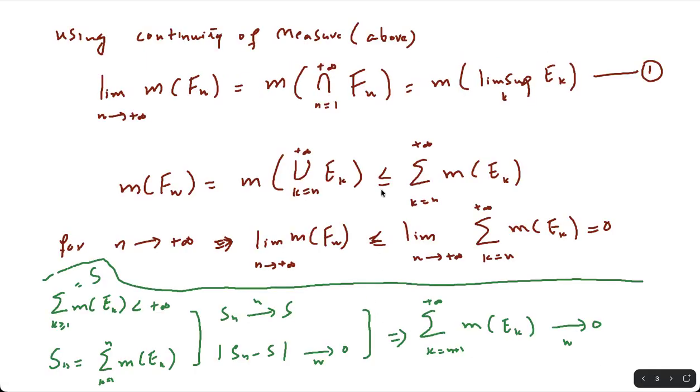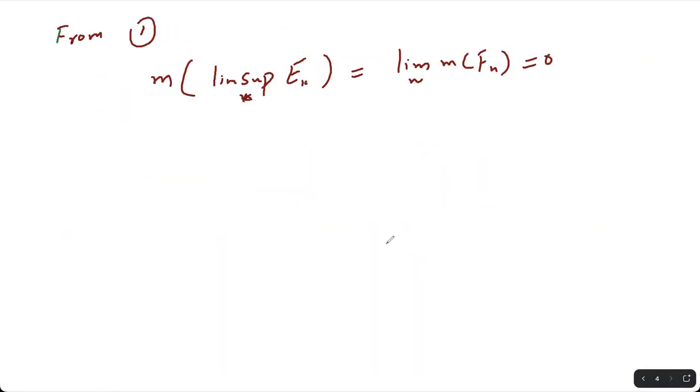And the less-than-or-equal sign was there because you know that 0 is always less than or equal to the measure of any set. So by the sandwich theorem this is equal to 0. So this is what we need to prove: the measure of the limit sup of Ek is equal to 0, and that is what we need to prove.